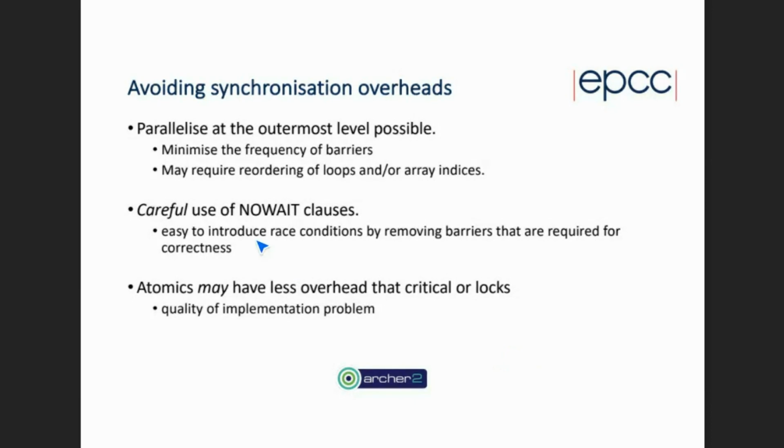If it is genuinely safe to remove the barrier, then you can use nowait clauses on your loops. But again, you need to be careful. It's very easy to accidentally introduce race conditions by removing barriers that are actually needed. And again, atomics are typically better than critical or locks if they're applicable.